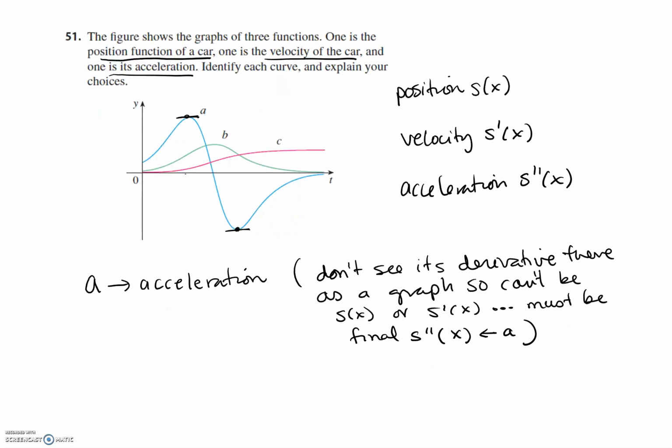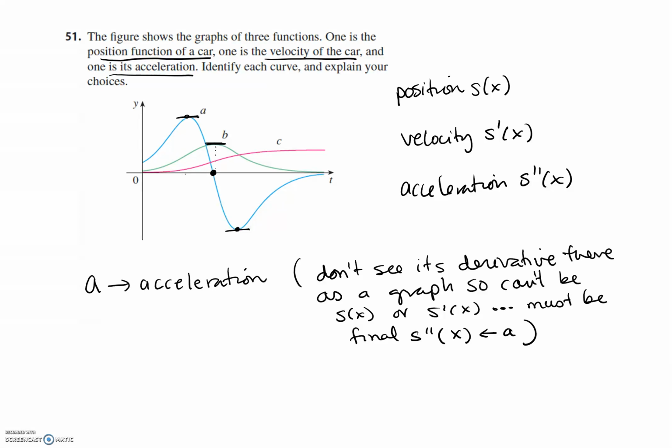So hopefully this explanation made sense. I'm just focusing point by point, the easy things I can see. The other thing I notice is that when I look at the horizontal tangent line of B, that's actually where A is 0.